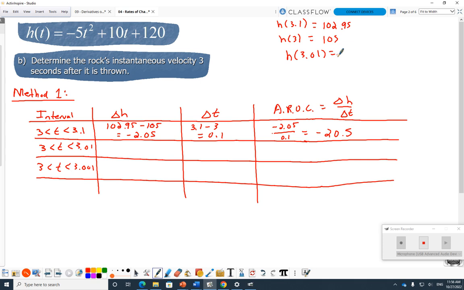Yeah, this is why, as we got better at it, we went up here and did all this work beforehand, so it's all taken care of. And I get 104.7995. Did anyone else get 104.7995? Yeah, that's good. So then when I do delta H, I'm going 104.7995, subtract the 105.